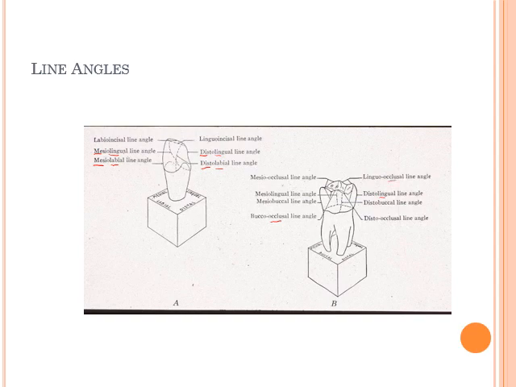They may vary, but those three steps are the same. So if you'll notice here, if we're looking at the distal side of a tooth, and we're going to look at where it wraps around to the labial, this line here would be called the distolabial line angle.